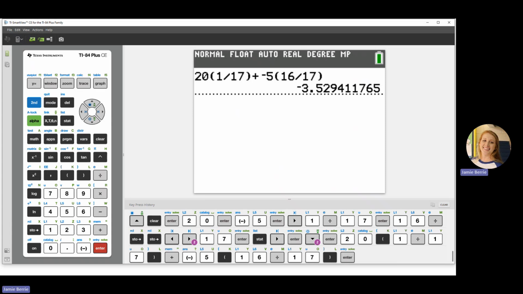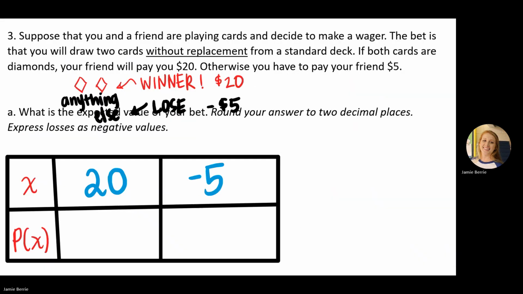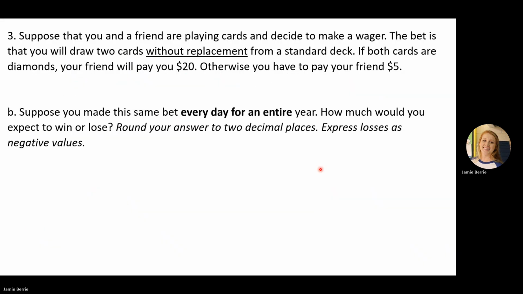All right, and then on part B, let's look at part B. Part B says, suppose that you made this bet every day for an entire year. How much would you expect to win or lose?